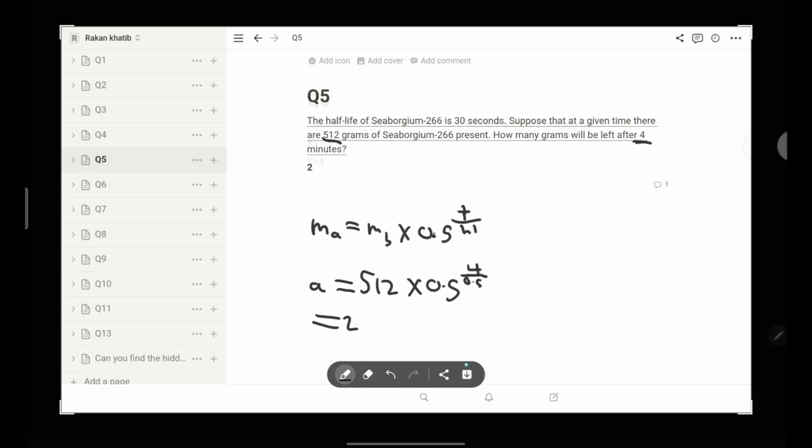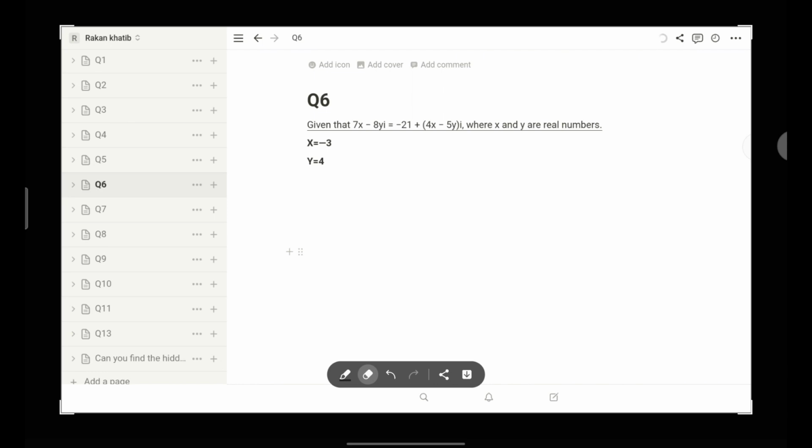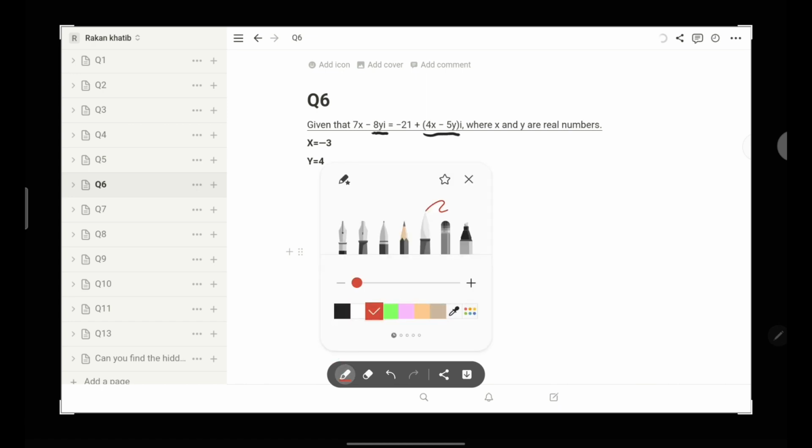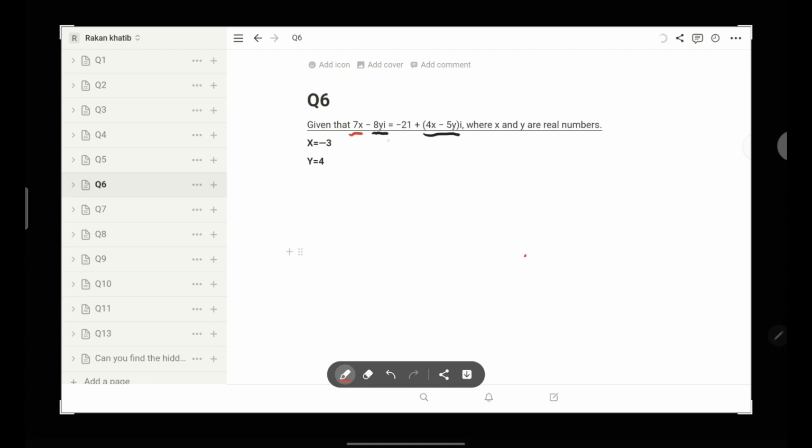That's it. Okay, so for these questions, I'm not reading the whole thing, but they give you this, and they want x and y. Whenever you see the letter i, that means it's an imaginary number. So we separate everything imaginary here and everything that's not imaginary here.